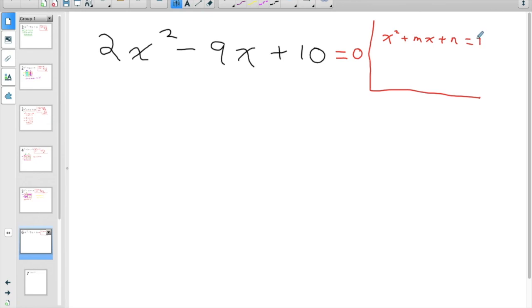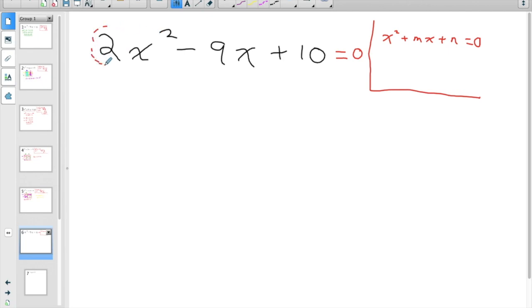If we're solving, it's going to be a 0. If we're writing something in vertex form, it's going to be a variable.